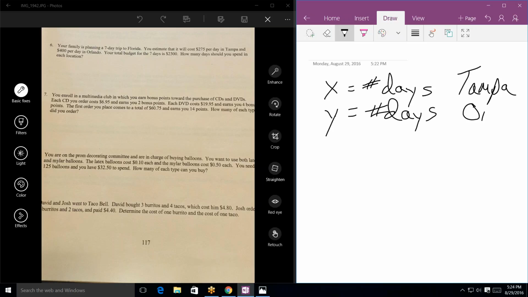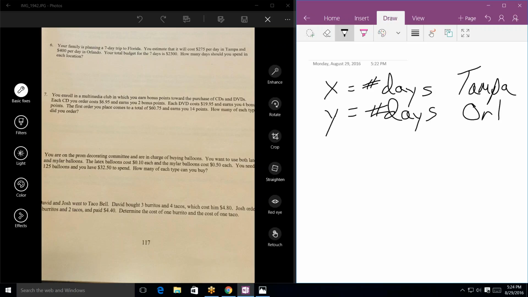Now, we'll set up both equations. We know there's going to be two equations. You can start from the second sentence. You estimate it will cost $275 per day in Tampa and $400 per day in the Florida Keys.